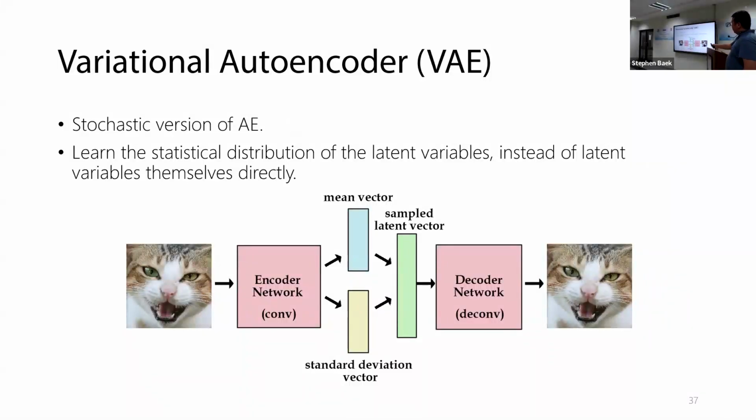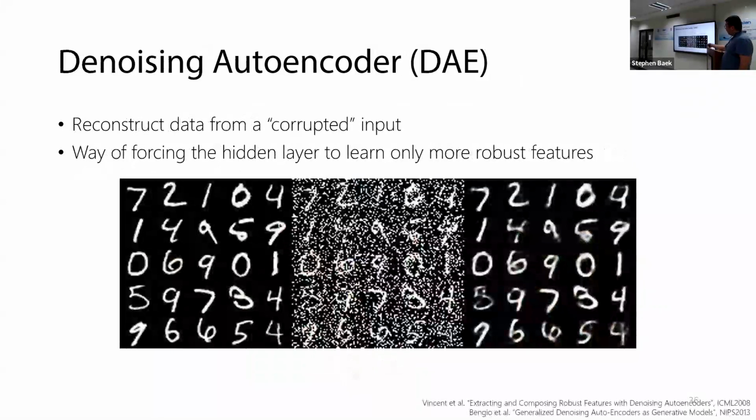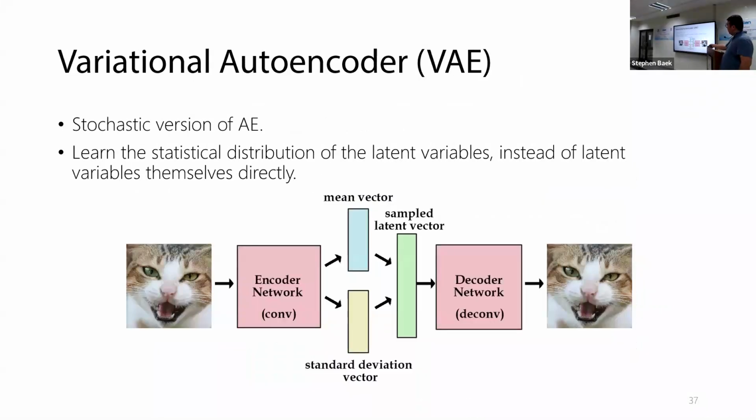Of course, the uncertainty can be added not only in the input node, but also anywhere in the middle. So the idea of variational autoencoder is to introduce the noise not on the input side, but on the latent encoded vector.